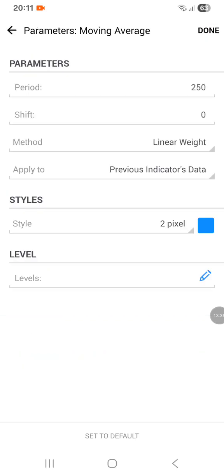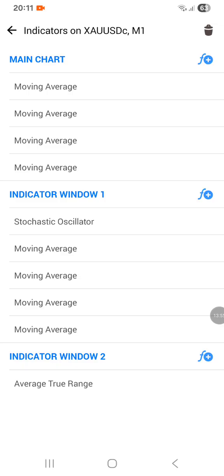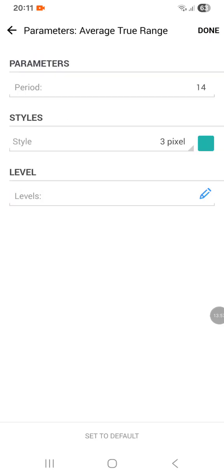Next one is period 250, shift is 0, method is linear weighted, previous indicator's data. Color is blue. And the next one is period 51, shift is 0, method is linear weighted, previous indicator's data. Color is purple. And the last indicator, which is on indicator window 2, that's the ATR. Period is 14.